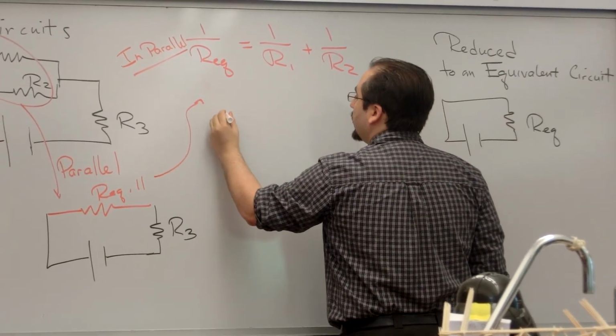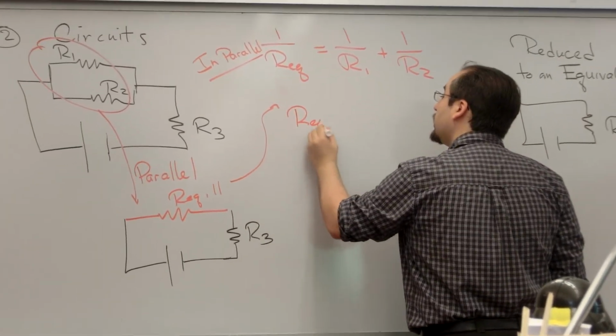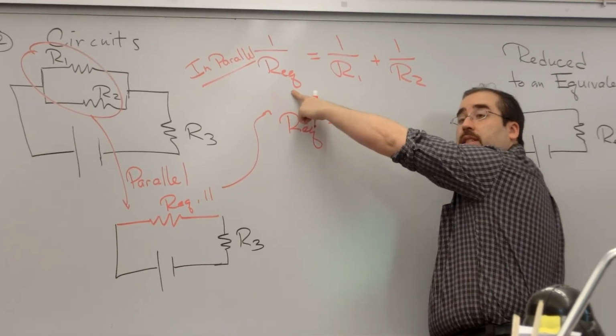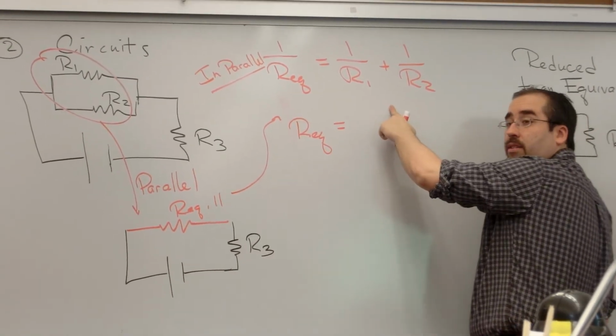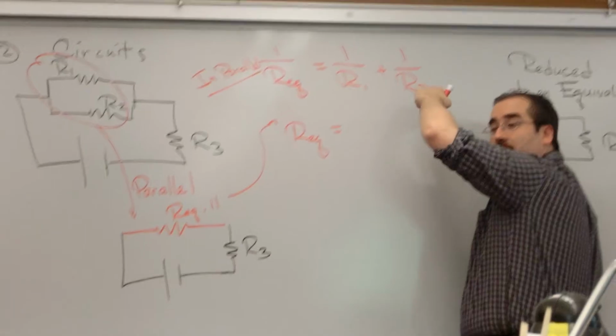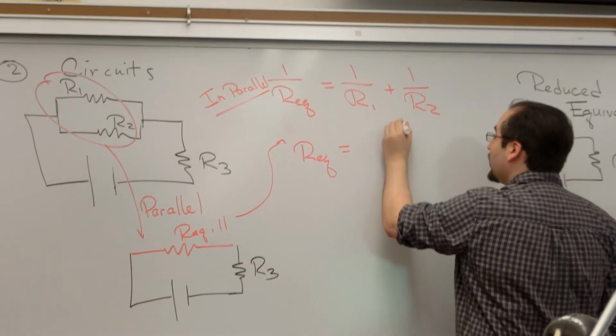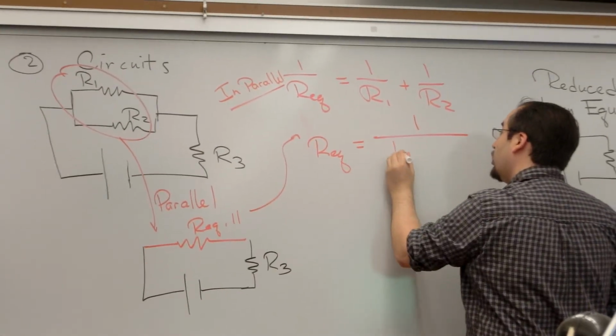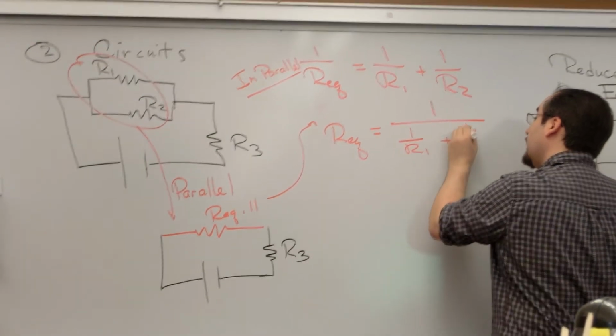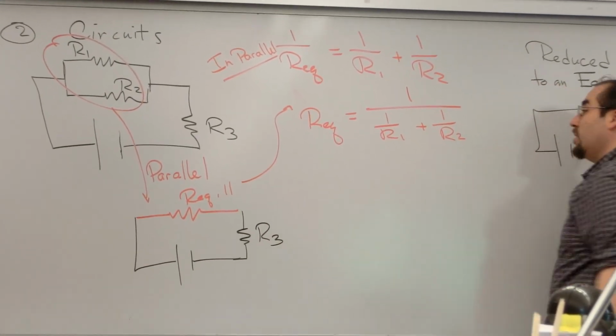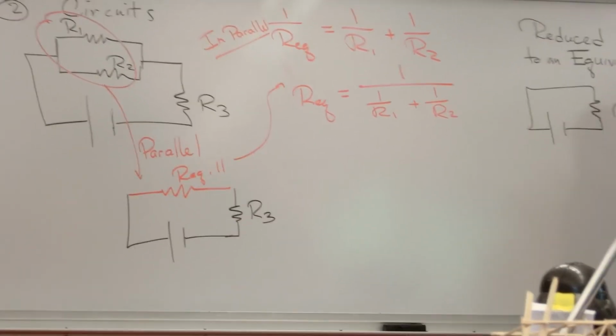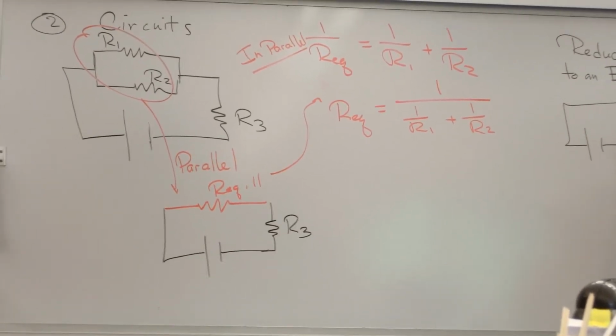I have to flip this side, which means I have to flip this side. Let's put this whole 1 over nonsense at the bottom of a fraction. So it looks like this, weird, crazy fractions inside of fractions. A complex fraction, which is much nicer if you have numbers.